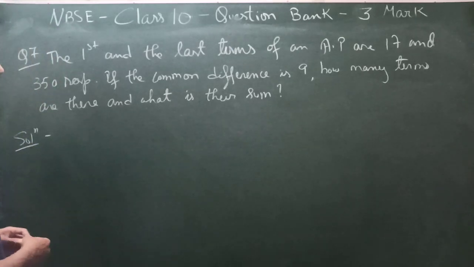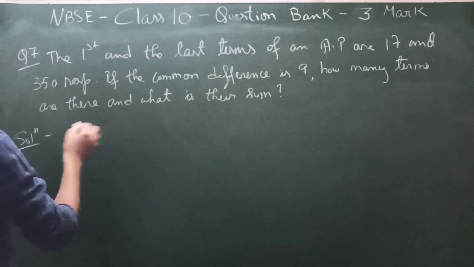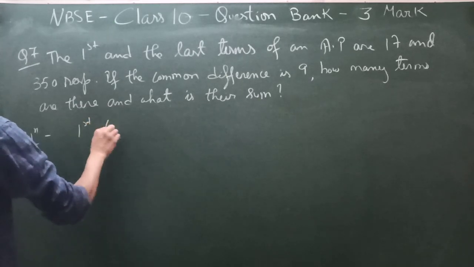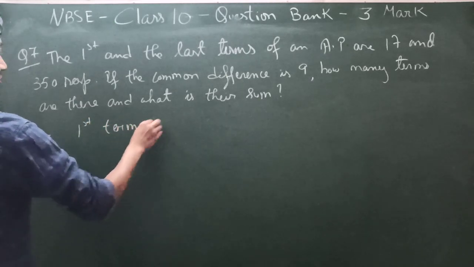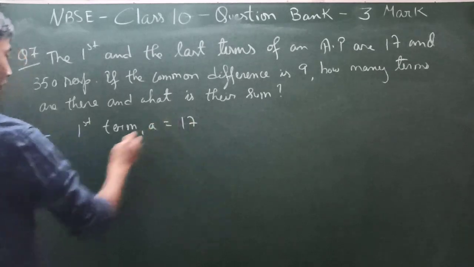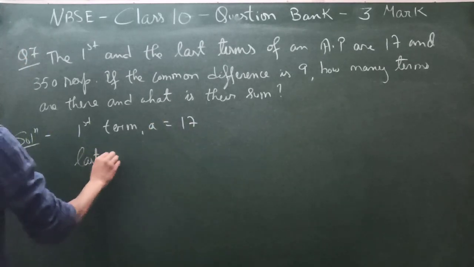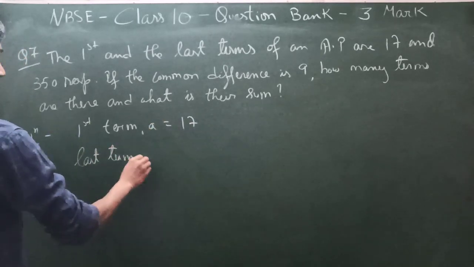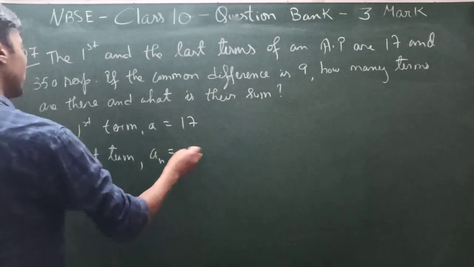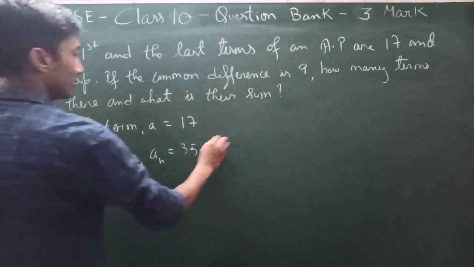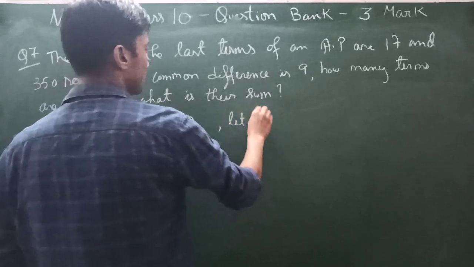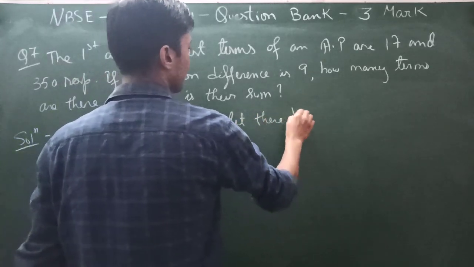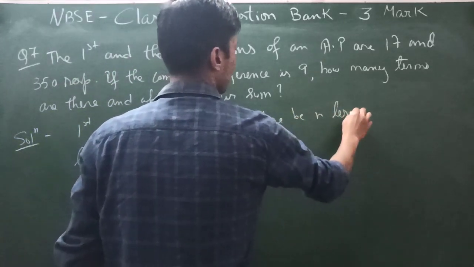The first and the last terms of an AP are 17 and 350. So it's given that the first term is 17. The last term, the nth term, we do not know how many terms there are, so let there be n terms.